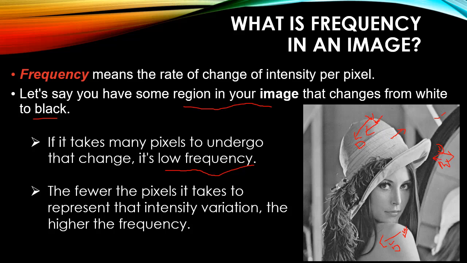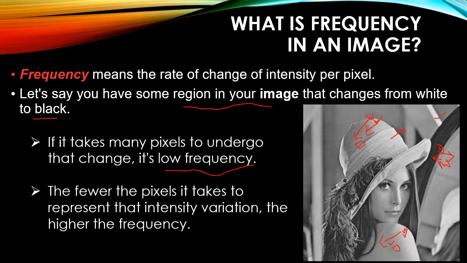So this is what we call high frequency. There's a sudden transition, meaning there's a black pixel next to a white pixel and there's a huge intensity gap, then it is called high frequency, meaning the contrast is more there. If it is a low contrast part, then it is low frequency.